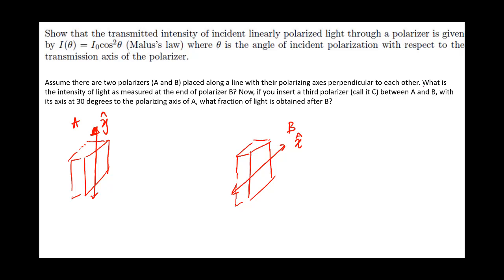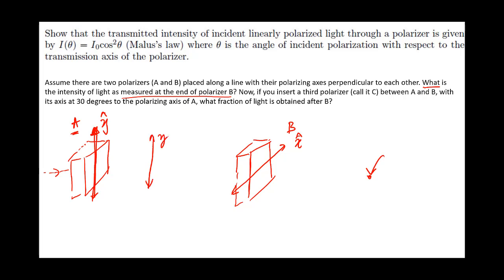The question is asking what is the intensity of light as measured at the end of polarizer B. So we're measuring intensity of light at some point after B. If light is incident on this, polarizer A ensures that only the light along the y-axis is going through.